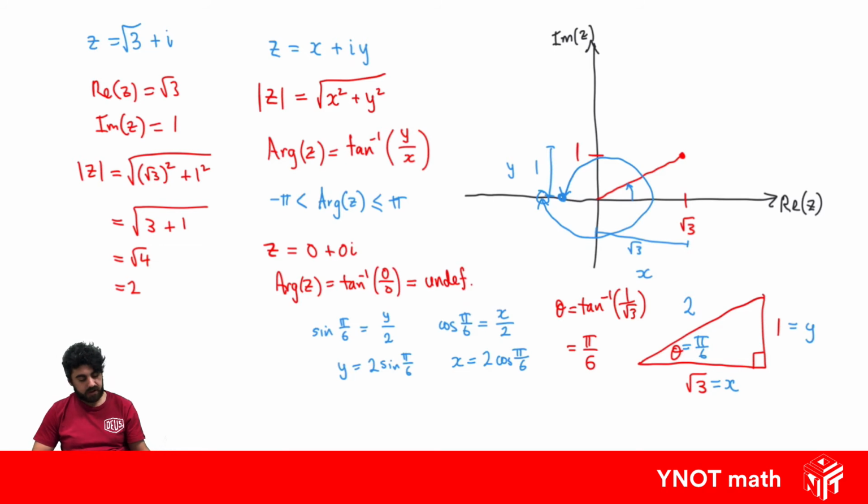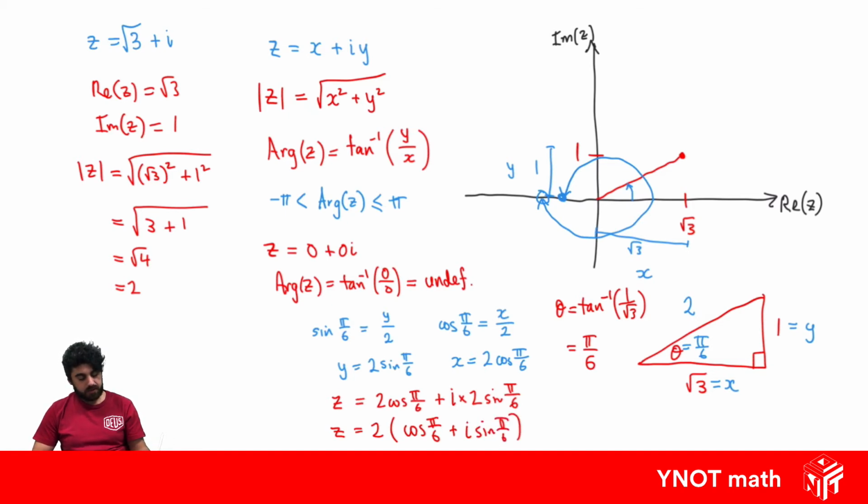But from our definition of our complex number, we know z equals x plus iy. So we know z is going to equal x, which is 2 cos pi on 6, plus i times 2 sine pi on 6. So we can factorize out a 2 here. So we get 2 outside of cos pi on 6 plus i sine pi on 6.